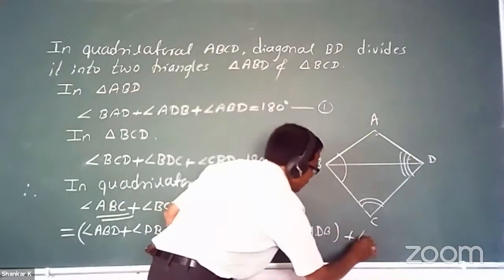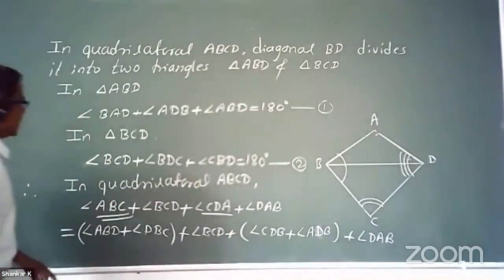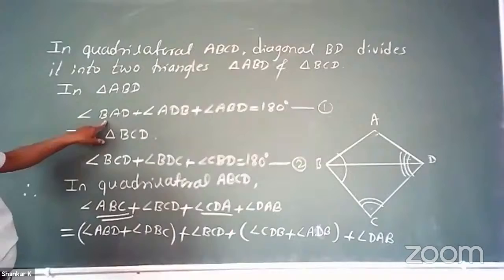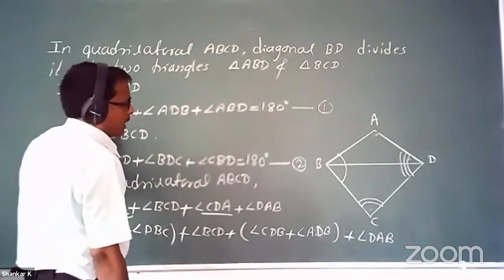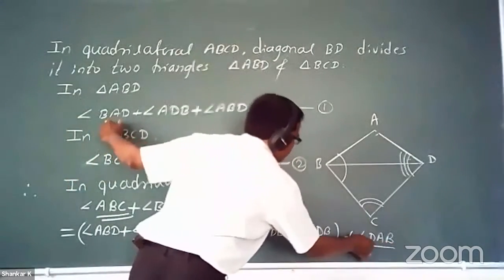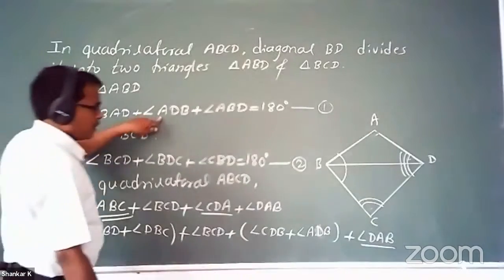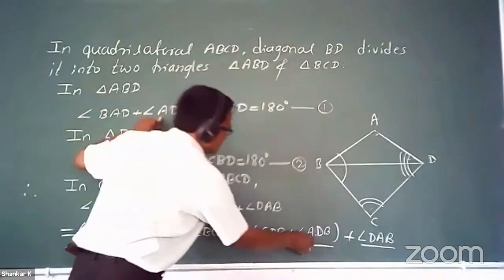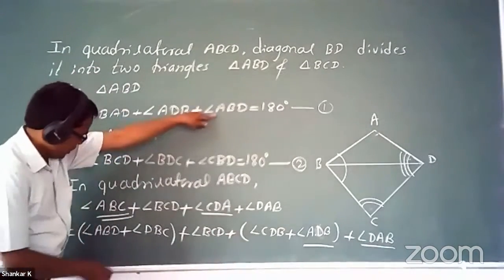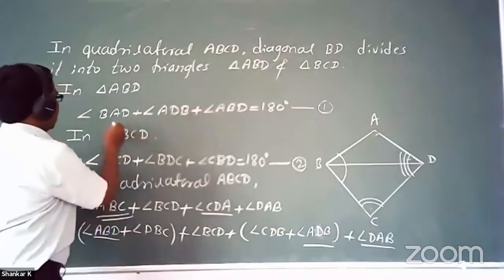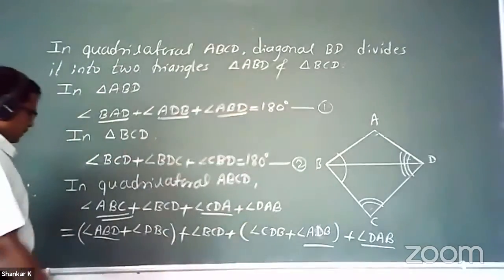Plus BAD, angle BAD. Now if you arrange these angles, here BAD, then ADB here, then ABD, where is ABD? These angles 1, 2, 3 are here.